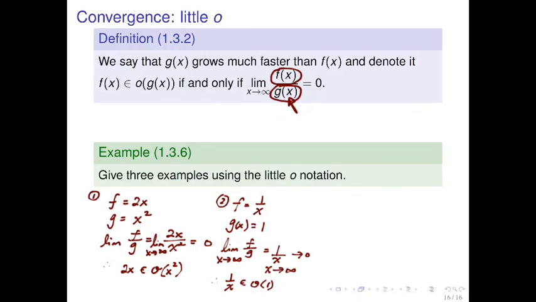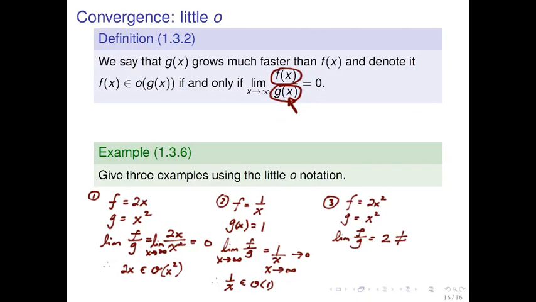So we can also say that the function 1 over x is an element of little o of 1. In the third example, I'm going to let f of x be 2x squared and g of x be x squared. If we now take the limit of f over g, we see that this is equal to strictly 2.